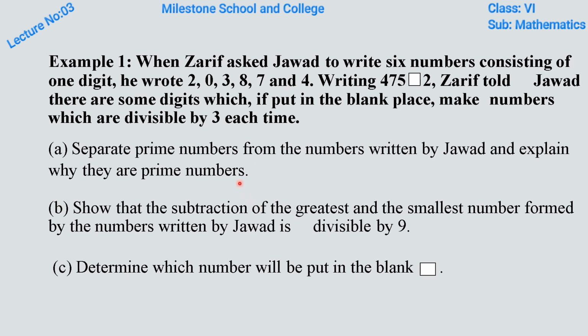So at first we have to make the greatest number by these numbers, and we have to make the smallest number by using 2, 0, 3, 8, 7 and 4. Then we have to subtract the smallest number from the greatest number, and we have to show that the result of the subtraction is divisible by 9.